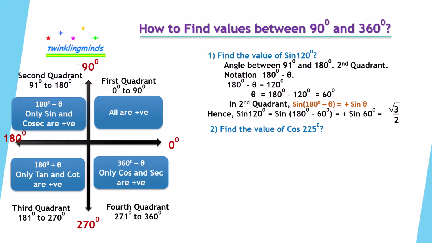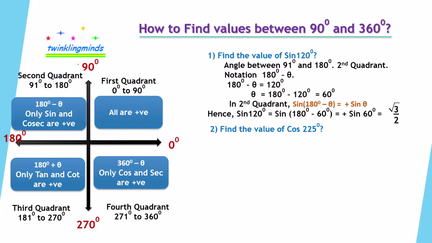Now, look at cos 225 degrees. Where is this 225 degrees? Third quadrant. So the notation will be 180 degrees plus theta. And only tan and cot are positive in this quadrant. So our cos will be negative.